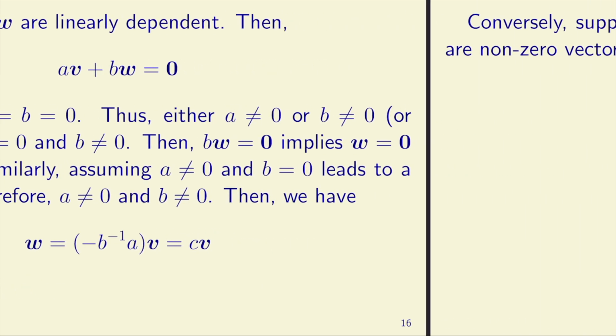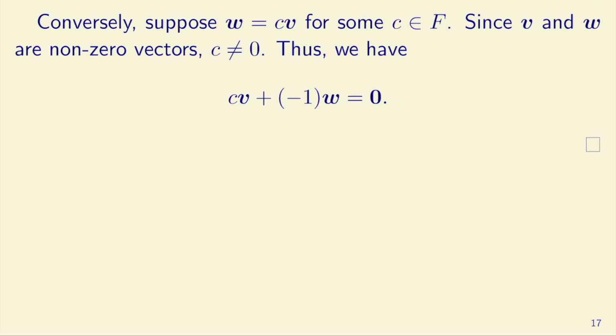How do we prove that if w equals cv for some scalar c, then v and w are linearly dependent? For the converse, we assume that w is equal to cv for some c from the field F. Since v and w are non-zero vectors, c cannot be 0.